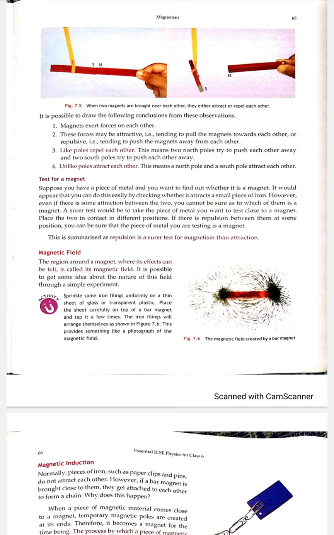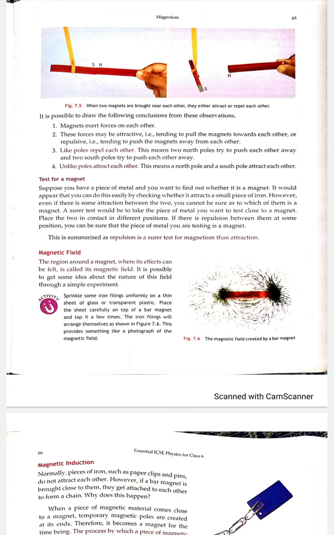Reason, when two magnets are brought close to each other, if their opposite poles come close, they show the attraction. But if their same poles come close together, then they will show the repulsion. So repulsion is a surer test for magnetism, with the help of which we can definitely prove whether the material given to us is a magnet or a magnetic material.